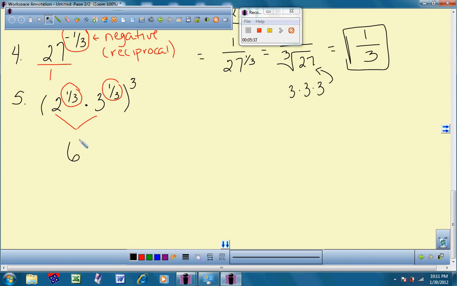Don't forget to attach the 1/3, and we are going to cube it. Properties of exponents say that we're going to take that 1/3 and we're going to multiply it to 3. 1/3 times 3 is 1, and 6 to the first is going to be equal to 6.